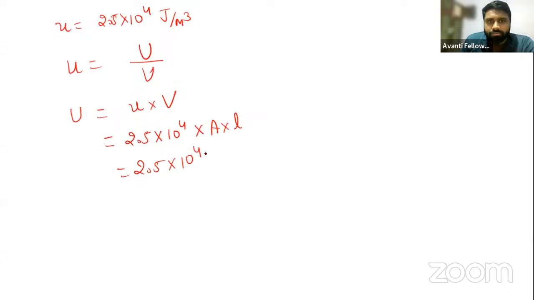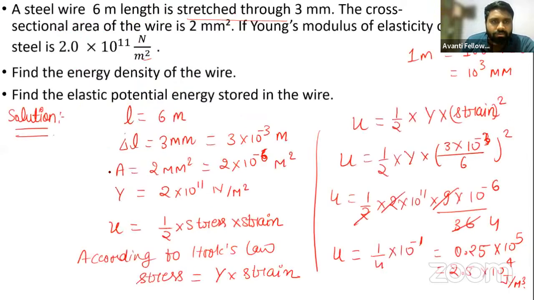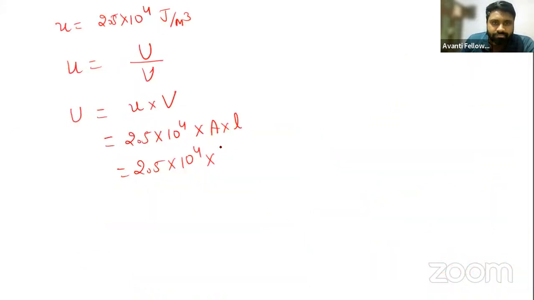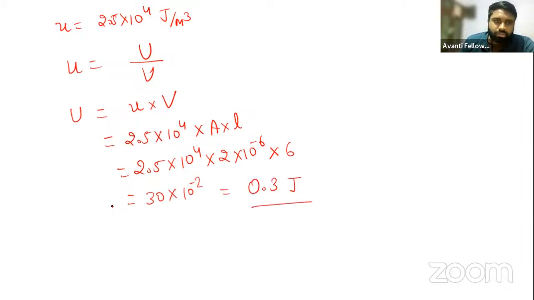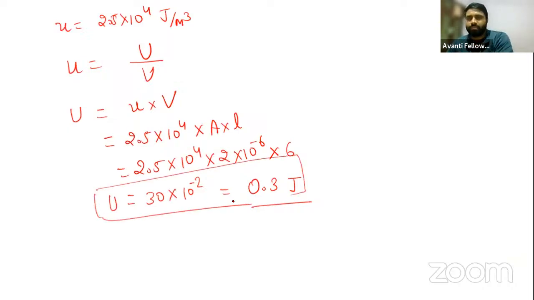Area is given to you as 2 into 10 raised to the power minus 6, and length is given as 6 meter. So this will become 2.5 into 5, 5 6s are 30, into 10 raised to the power minus 2. It will become 0.3 joule. So energy of this bar is 0.3 joule. Got it?